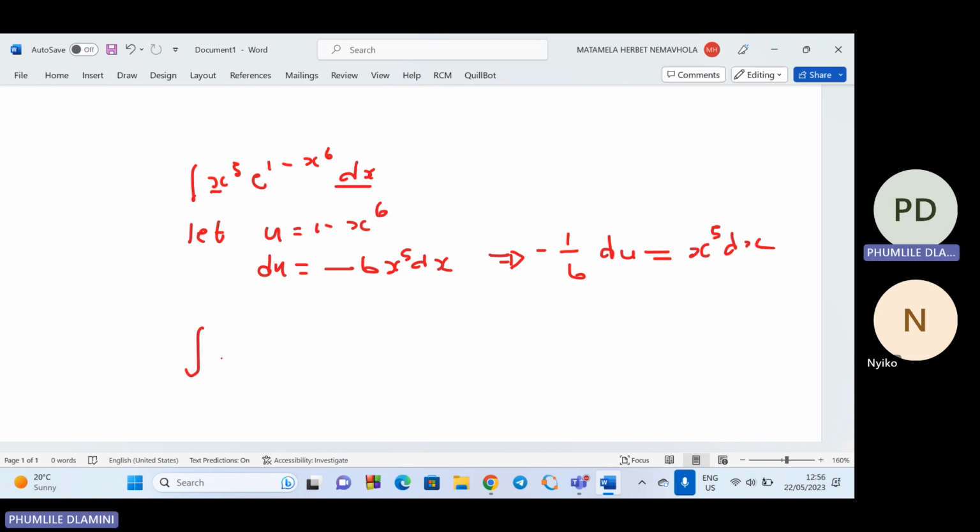Then when we take this integral, it's going to be e^u times -1/6 du. This equals -1/6 integral of e^u du, which equals -1/6 e^u plus c.